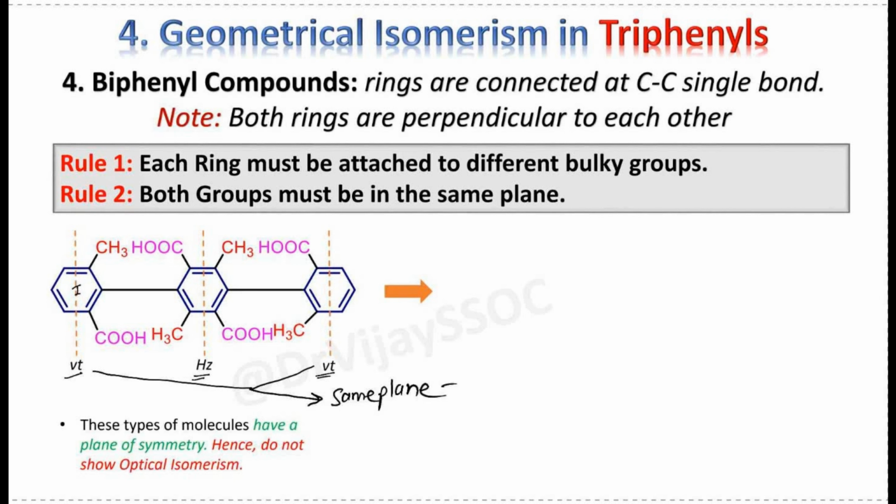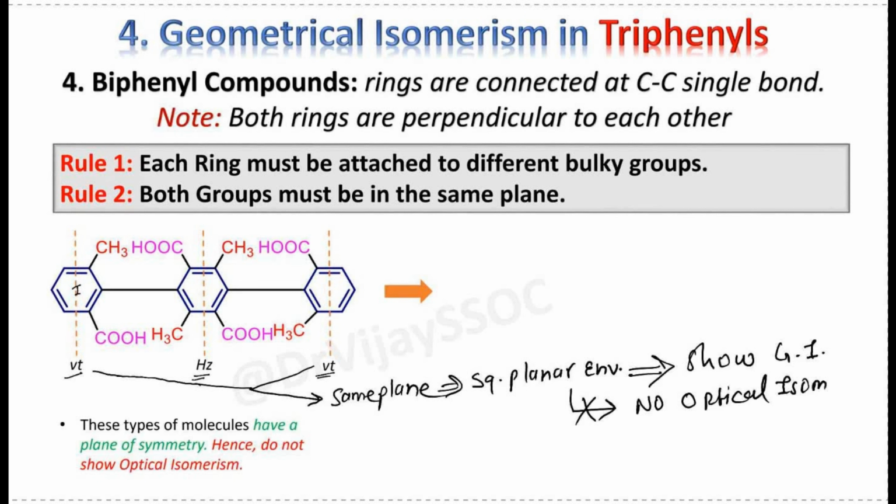It means that it has a square planar environment, and we have already learned about the square planar environment. When you have a square planar environment, this implies that it will show geometrical isomerism. But these types of molecules have a plane of symmetry and hence do not show optical isomerism. So triphenyl systems will show only geometrical isomerism.